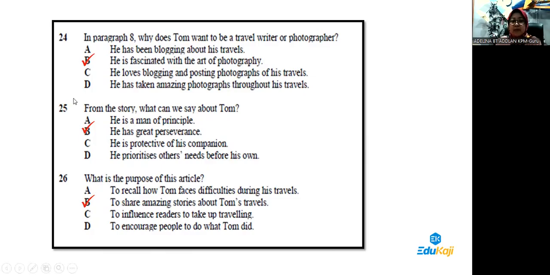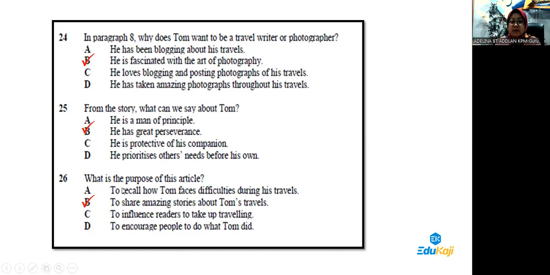Meaning that in this story, if the answer is B, you have to understand the word perseverance. Perseverance means someone who works really hard in order to gain success. He is not lazy, he is not dumb, but he works hard and he has faced a lot of difficulties in life, yet he gets up and he tries again and again. That is perseverance. So the answer is B.